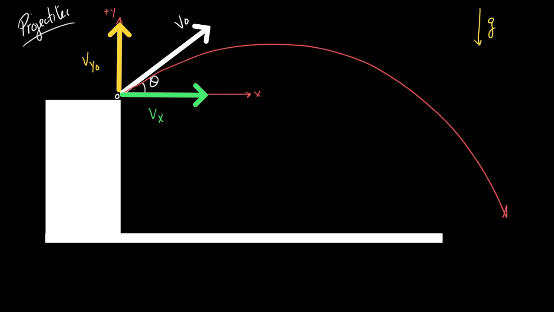The y velocity experiences an acceleration and will continuously change throughout the object's path of motion.